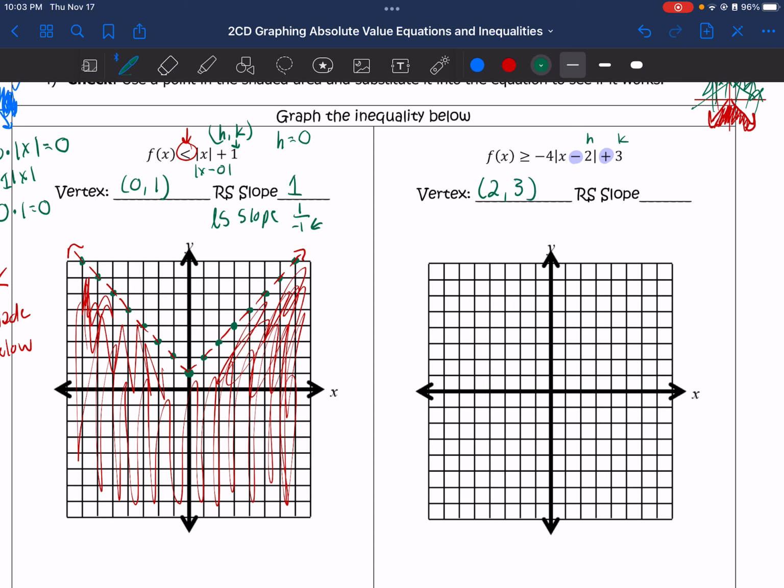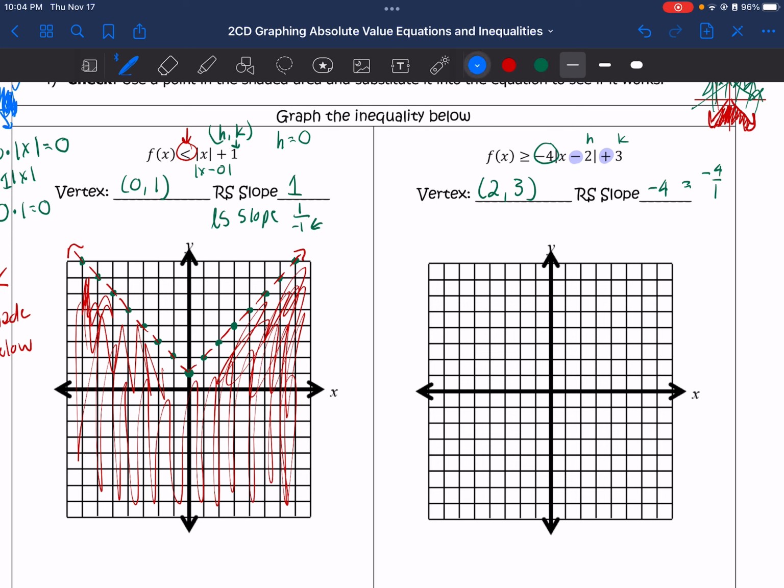Our right side slope is negative 4. We can also rewrite it as negative 4 over 1. That means we're going to go down 4 and right 1. Let's find our vertex first. We're going to go 1, 2 towards the right side, and then we're going to go up 3: 1, 2, 3, giving us a point right here.